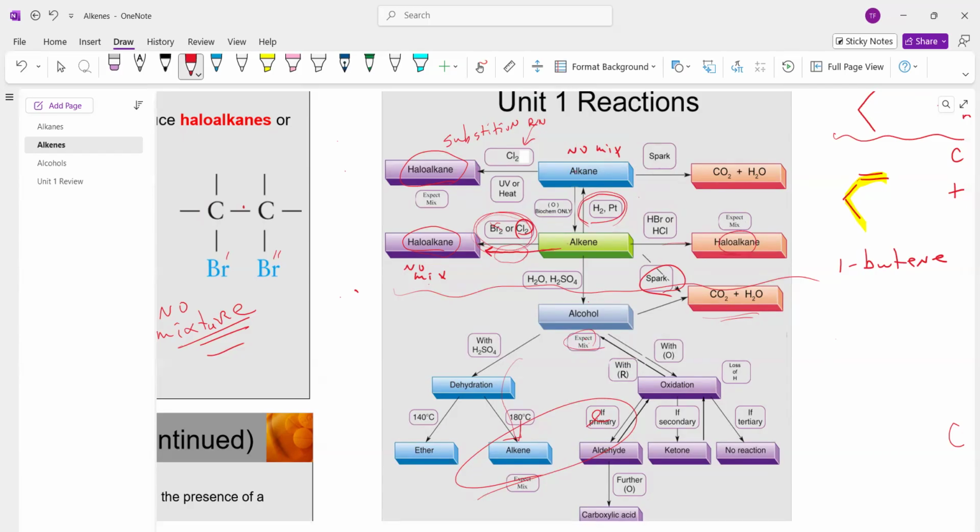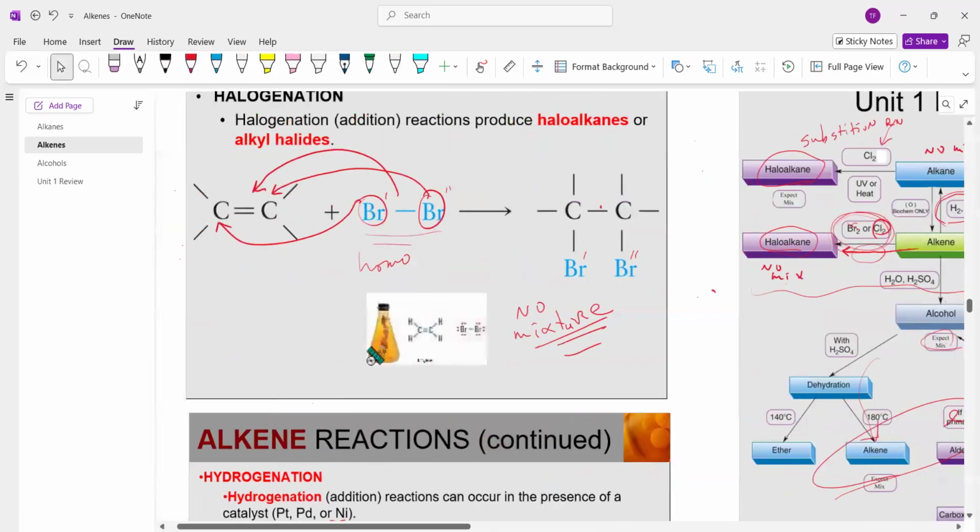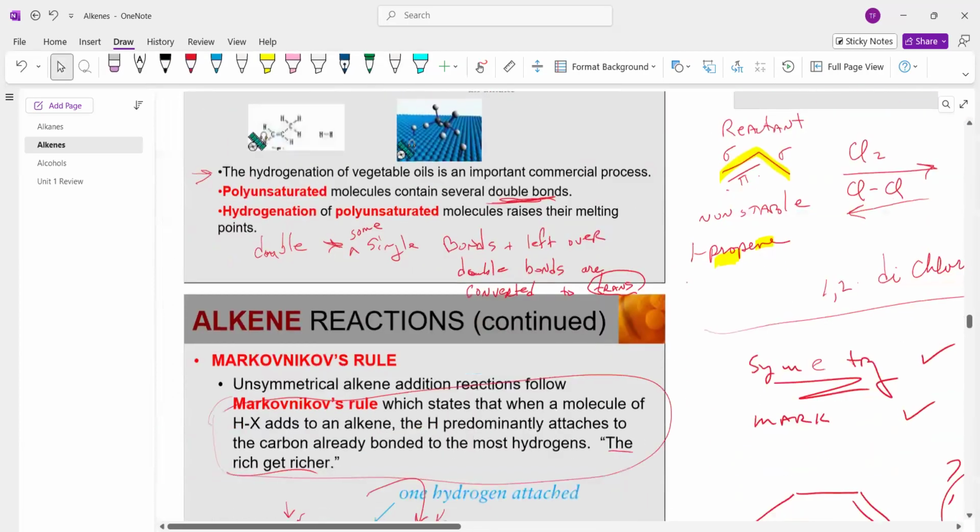Now, when we burn alkenes, they go to a non-organic molecule, usually carbon dioxide and water. Basically, everything on this page can be burned to carbon dioxide and water. So everything undergoes combustion. Okay, so let's see what this stuff looks like here now.